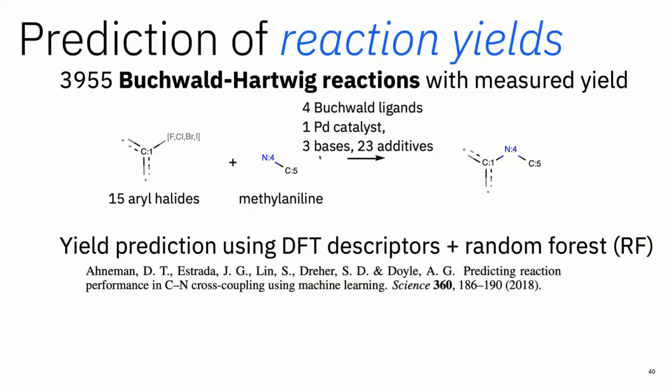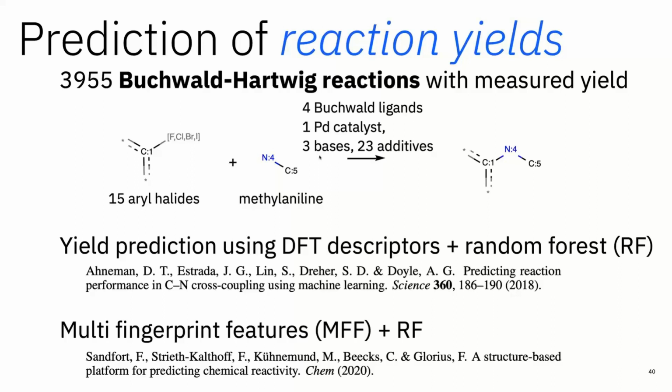It's one of the best studied reaction yield prediction benchmark datasets, I would say. And also last year, there was a group that suggested to concatenate multiple fingerprint features and also use a random forest model to predict those yields.